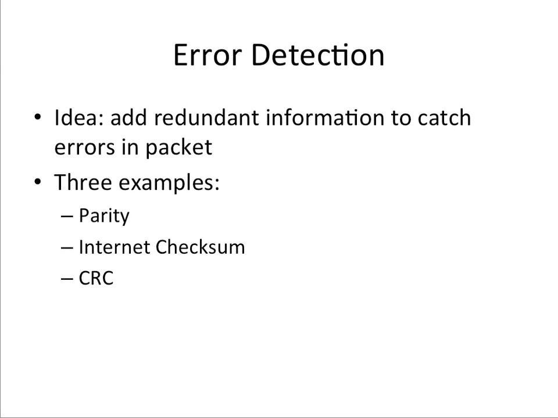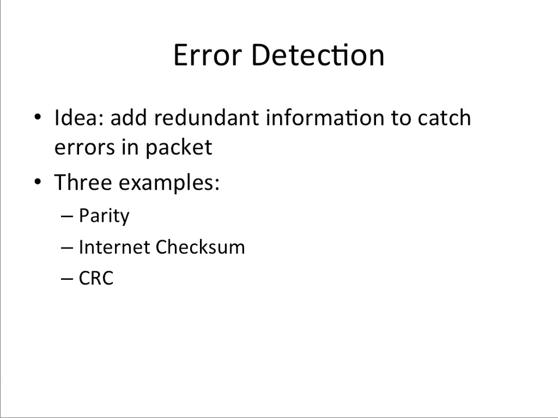So let's think about error detection, because we said transport protocols ensure that messages are delivered reliably to the applications across the network. So one of the things that you need to be able to do if you want to provide that kind of reliable service is you need to be able to detect whenever there is an error. If you have no idea if there is an error, then you cannot say that you have a mechanism that can deliver information reliably.